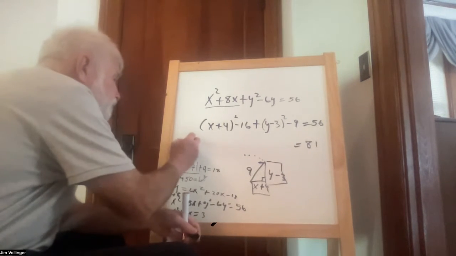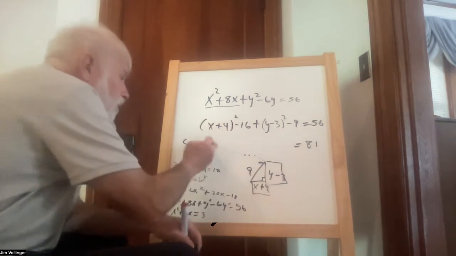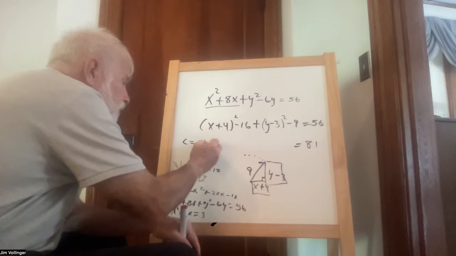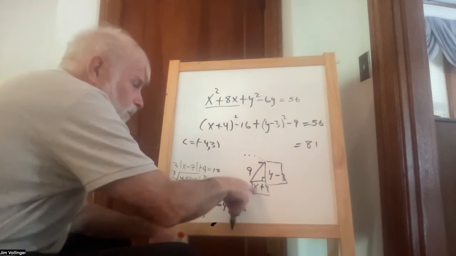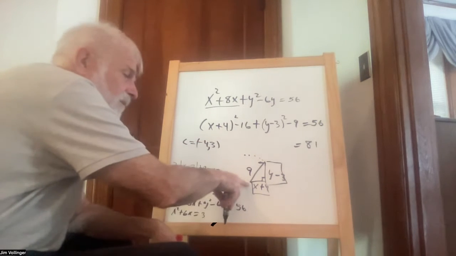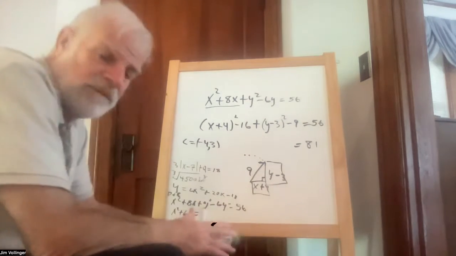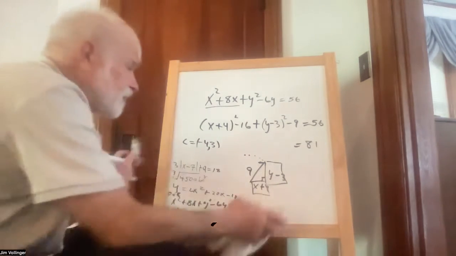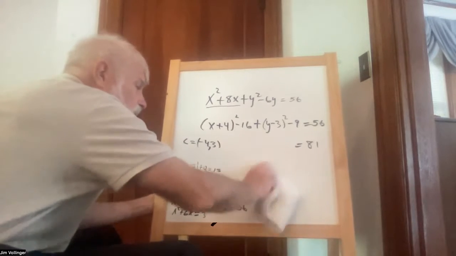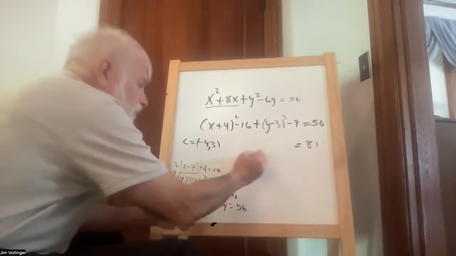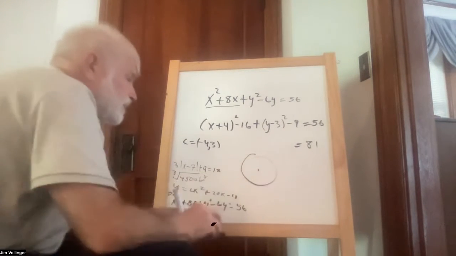So the center is -4, 3. If you put in a -4, there'd be no square area coming from the base. And if you put in a 3, there'd be no square area coming from the altitude. So we've got -4, 3. That's the center.